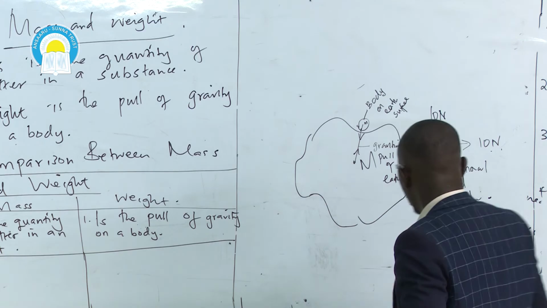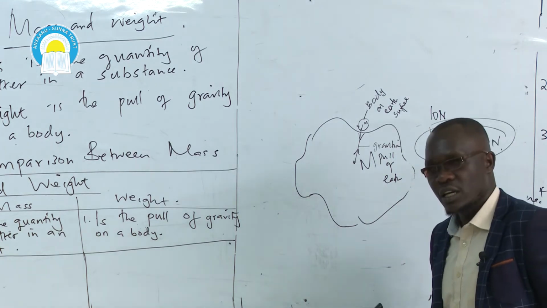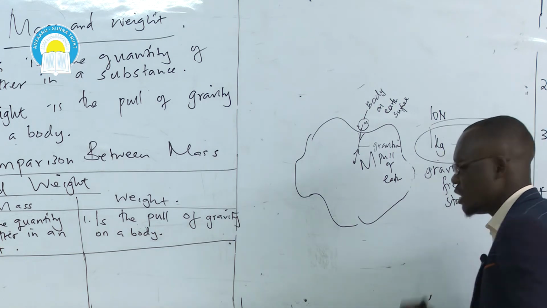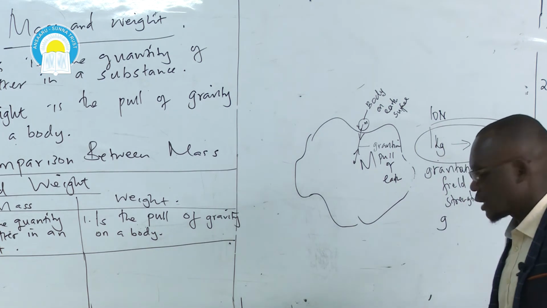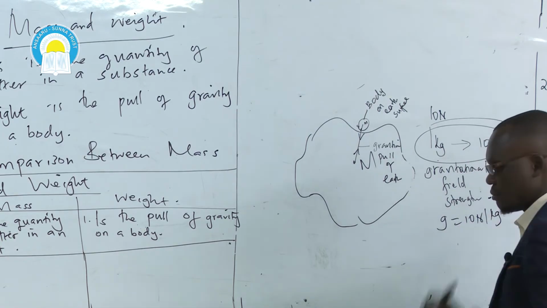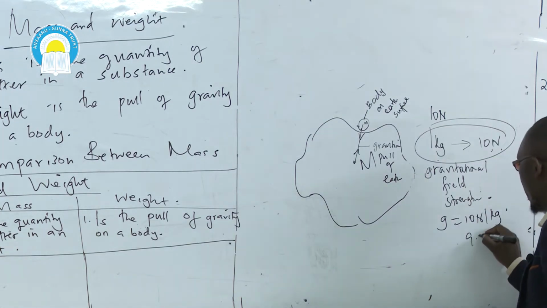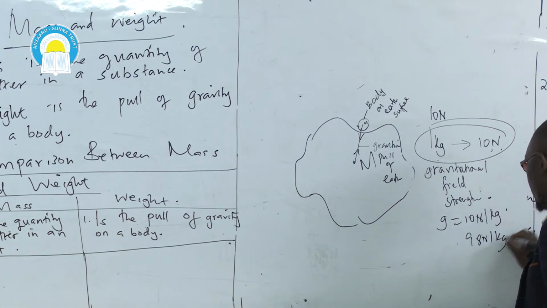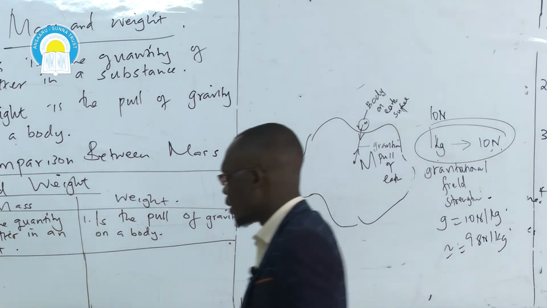We have seen that if 1 kilogram of a substance is being pulled by a force of 10 newtons, therefore gravitational field strength, denoted by g, is equivalent to 10 newtons per kilogram, approximately. The accurate value is 9.8 newtons per kilogram, but we are saying approximately 10 newtons per kilogram.